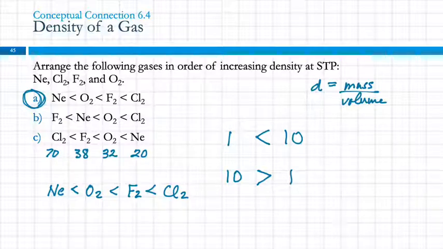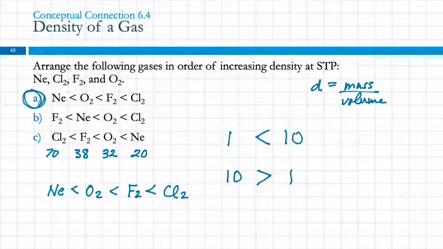Yeah, that is confusing, isn't it? So here we're comparing, we're taking essentially equal volumes and saying which one weighs more, right? And so the one with the heavier particles is going to weigh more, and so it'll have the higher density.